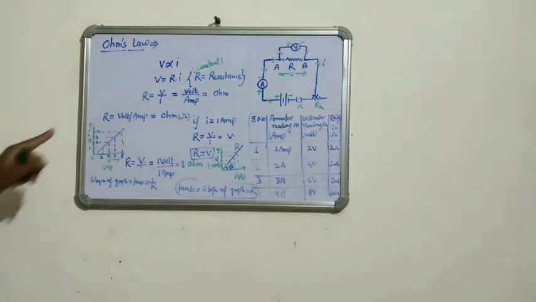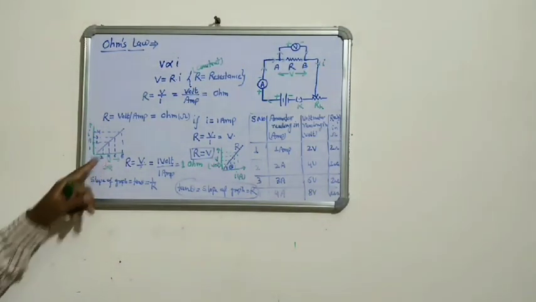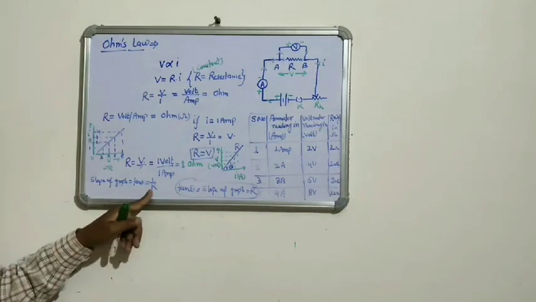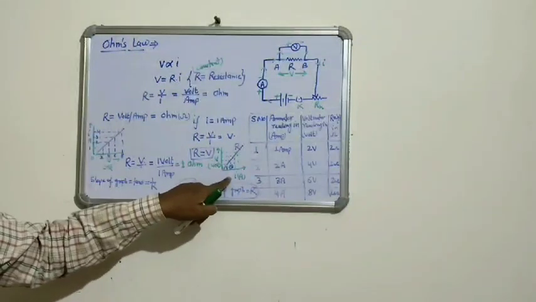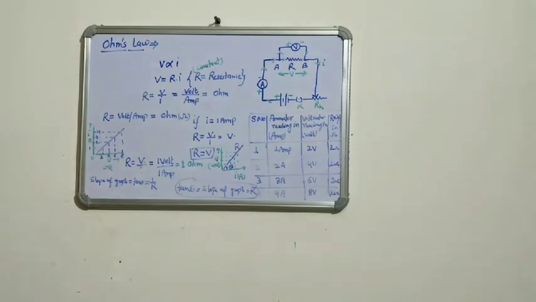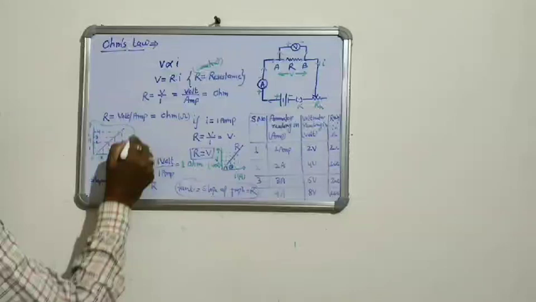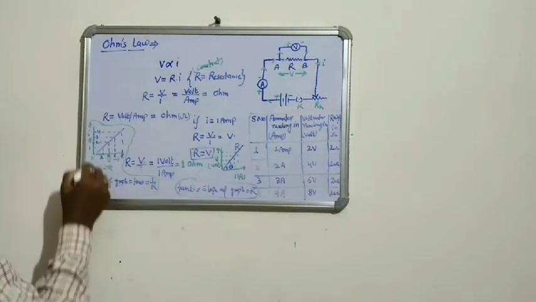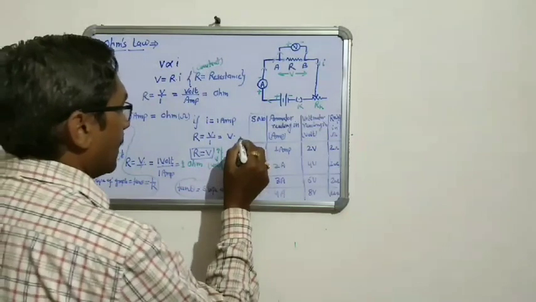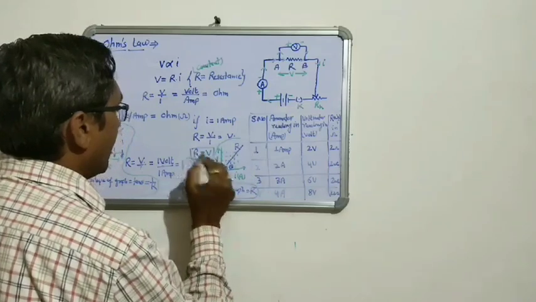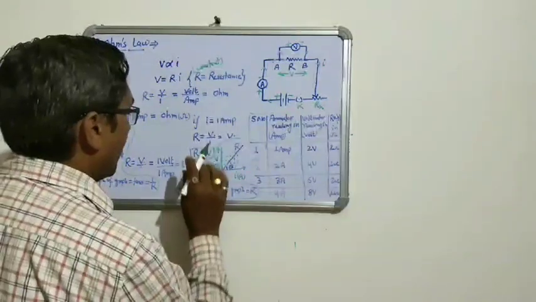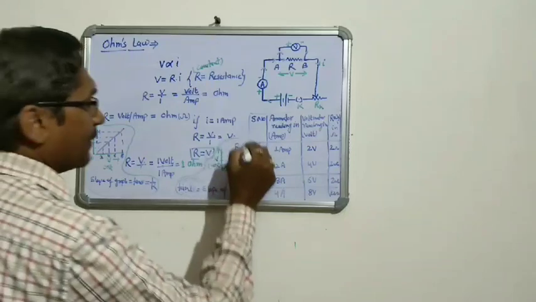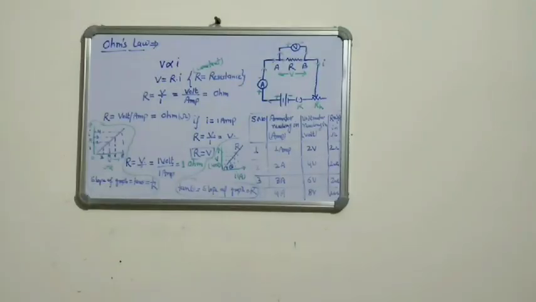For the graph plotted between I and V, the slope equals 1 by R, and for the graph plotted between V and I, the slope equals R. This is the verification of Ohm's law.